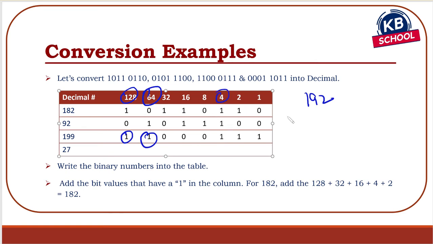Add 4, which is turned on, which is 196, 198, and 199. And the last value over here is 0, 0, 0, 1. So far I have 16 plus 8, which is 24, 26, and 127. So by putting the numbers in my magic table, I get the conversions done.